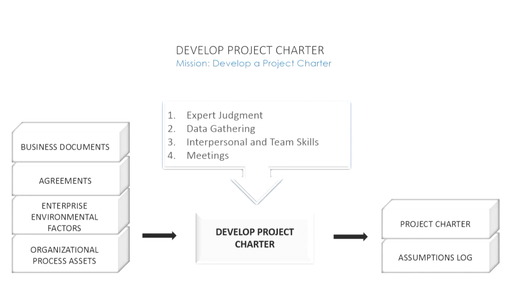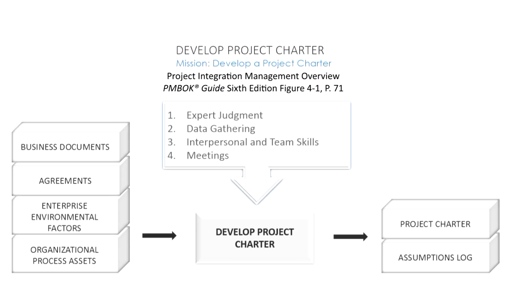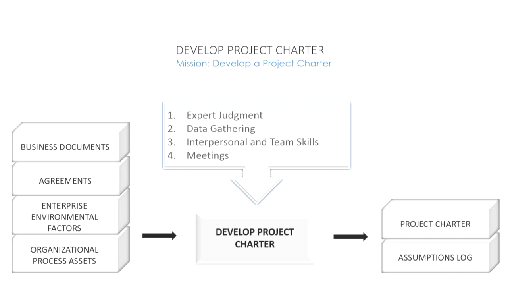So let's take a look at this process at a high level again. Develop project charter. We're developing a charter that also authorizes the project. We're developing an assumptions log that contains the assumptions for the project. Okay? And as we do this, we're going to be meeting various people on the project. Okay? So that's it for the first process. Develop project charter.